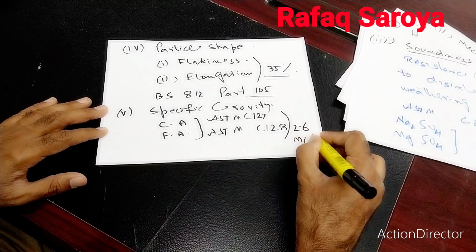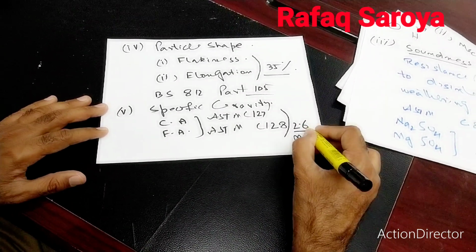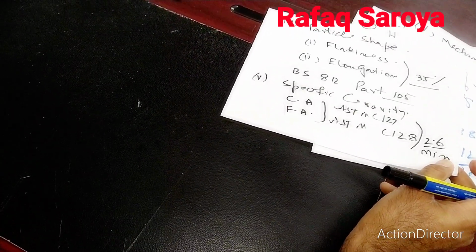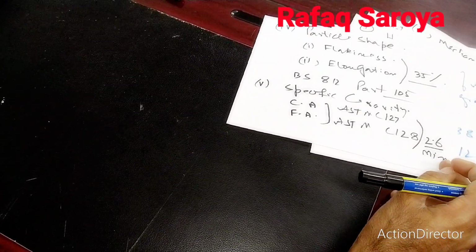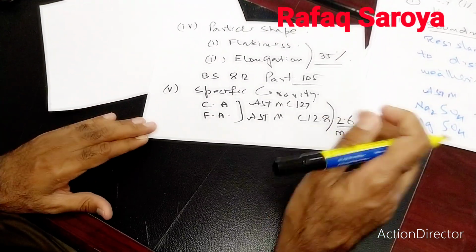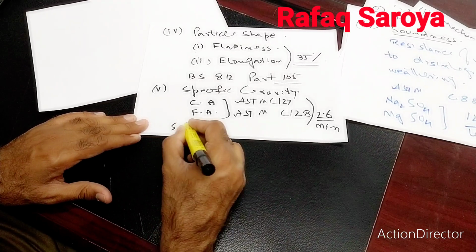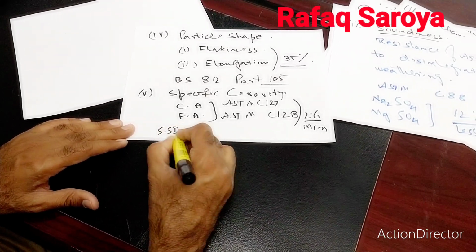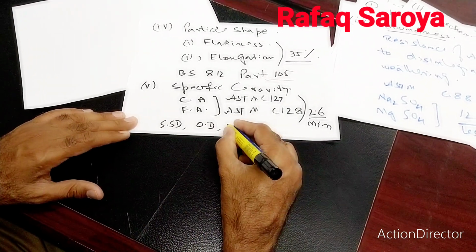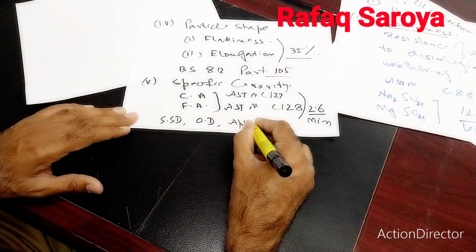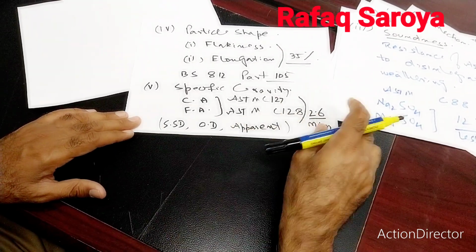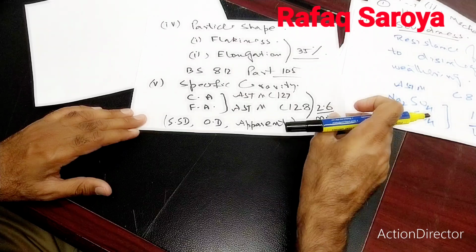This is the minimum value. It means our specific gravity should always be greater than this. This value is given as an acceptance criteria. Very important, this specific gravity is studied under SSD, under oven dry, and under apparent. Minimum value required is 2.6.